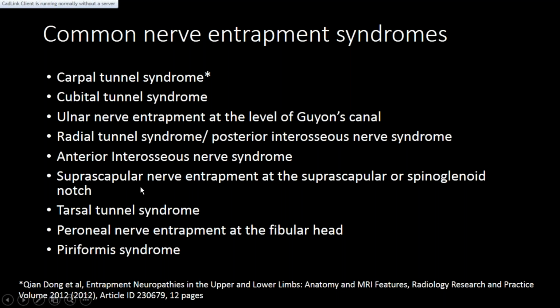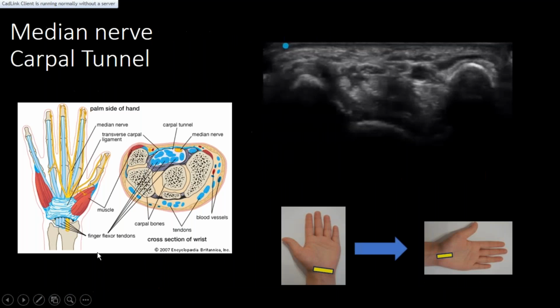So paralabral cyst can be the reason why suprascapular nerve gets entrapped in the suprascapular or spinoglenoid notch. Tarsal tunnel syndrome, which is entrapment of posterior tibial nerve in the medial ankle. Peroneal nerve entrapment at the fibular head. Or piriformis syndrome, where sciatic nerve is entrapped under the piriformis muscle.